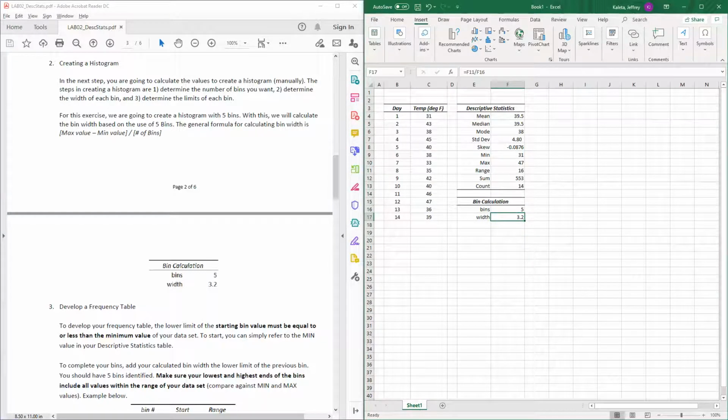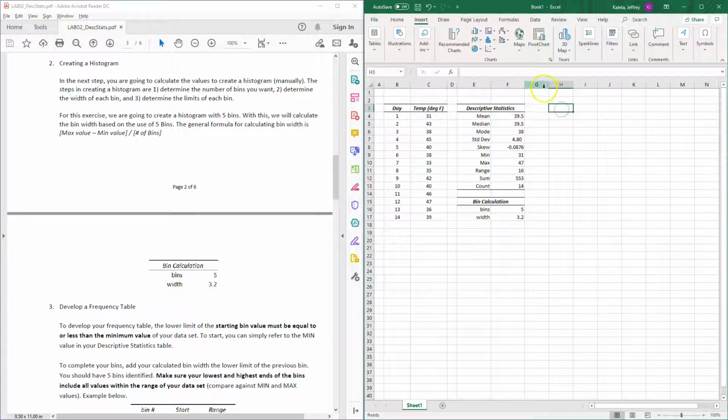So I'm keeping that there, but just know that over time it may end up becoming something you may want to change. What you want to make sure of, though, is that that bin width is not smaller than this number. So if anything, you want to increase it, but you do not want to decrease it.